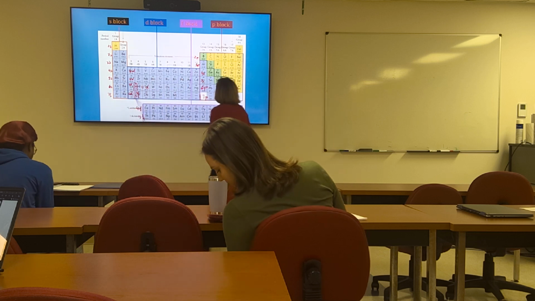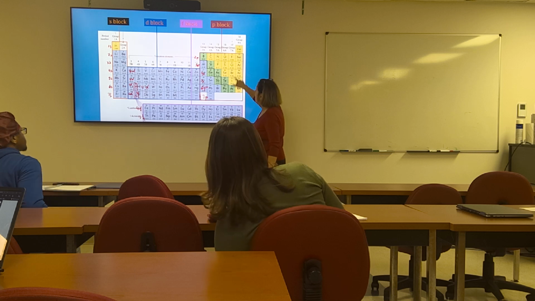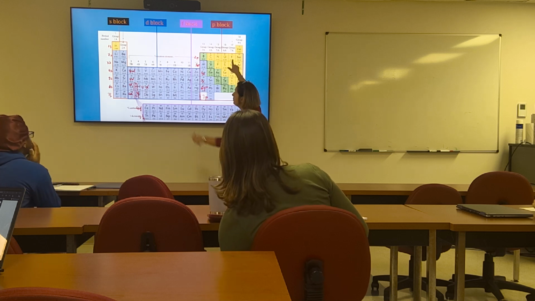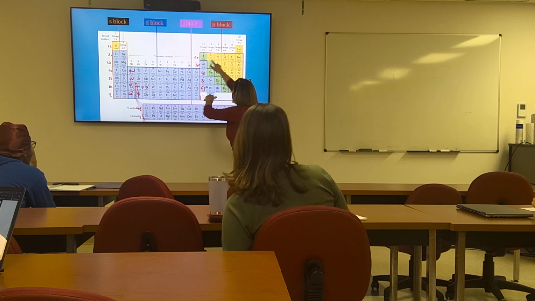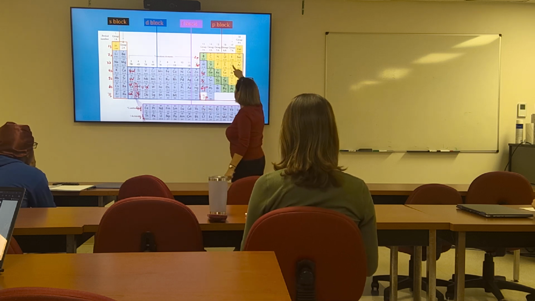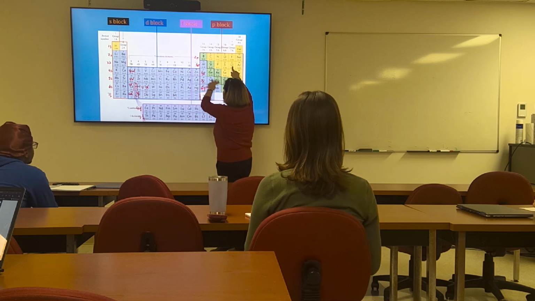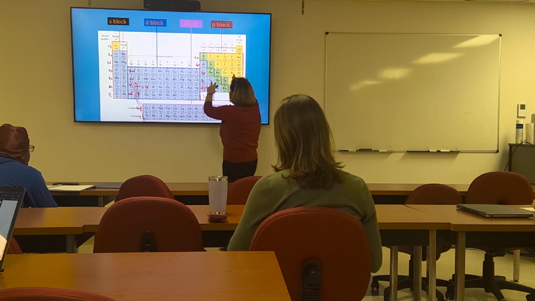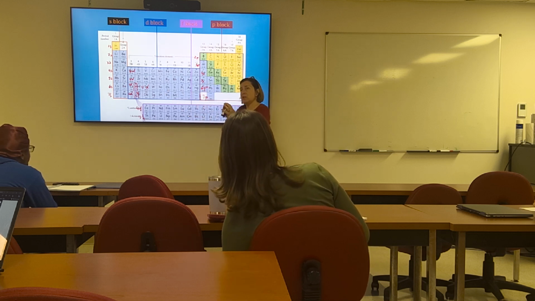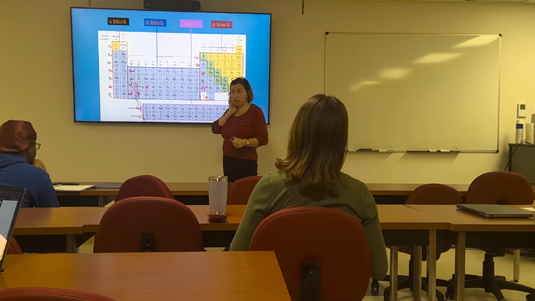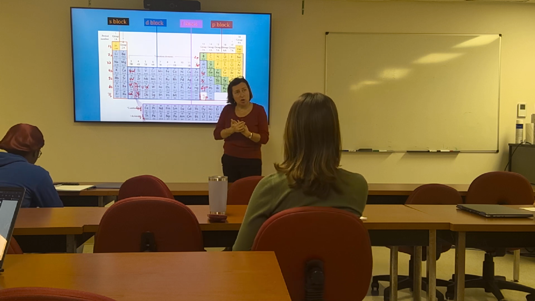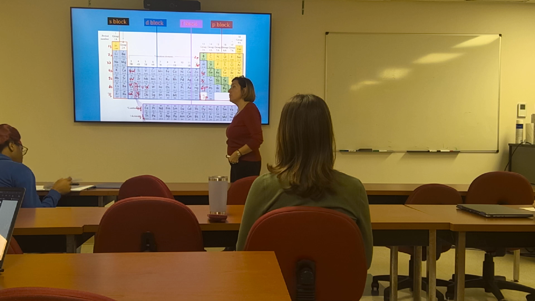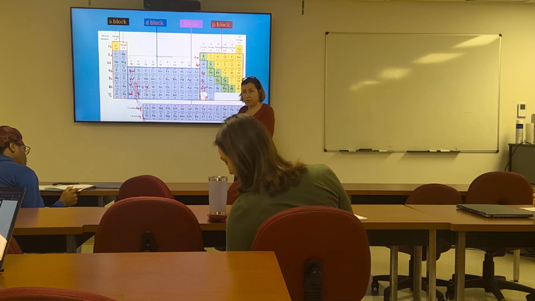If you take group number 7, fluorine is going to have 2s2, 2p5 after the noble gas. Chlorine is going to have 3s2, 3p5. Bromine is going to have 4s2, 4p5, 7 valence electrons. So they all have basically the same configuration. So the valence electrons for all the elements in a group have the same electronic configuration.